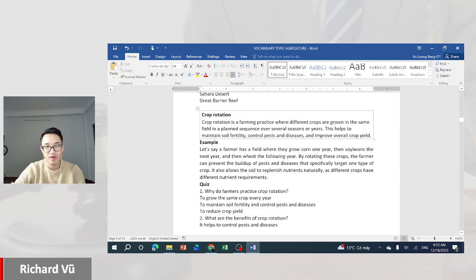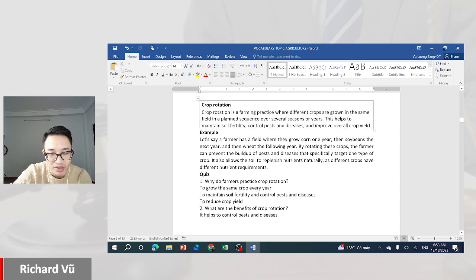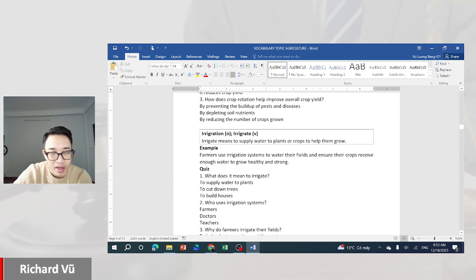Crop rotation is a farming practice where different crops are grown in the same field in a planned sequence over several seasons or years. Irrigate or irrigation means to supply water to plants or crops to help them grow.